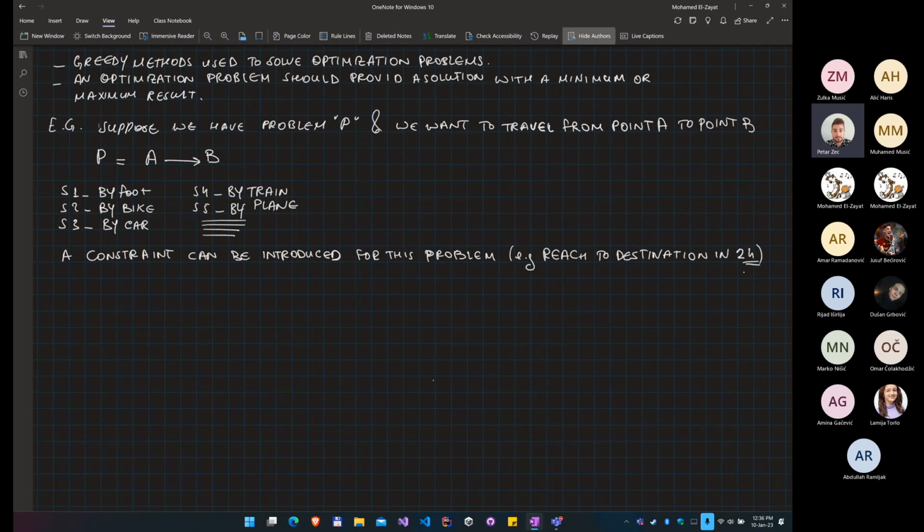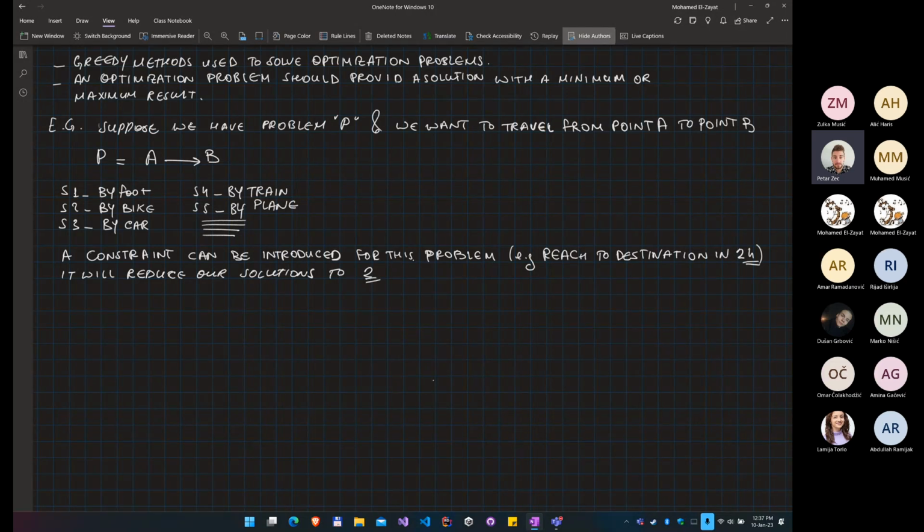Once this constraint has been introduced, it will reduce our solutions to two of them, S4 and S5.